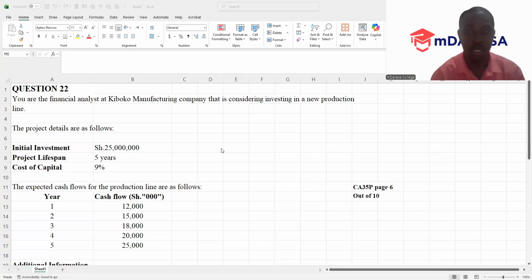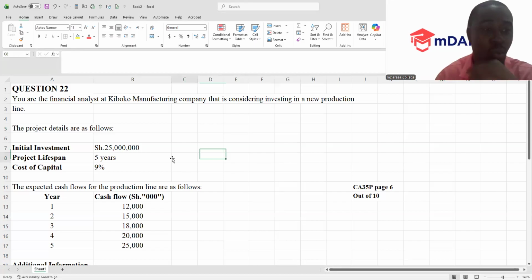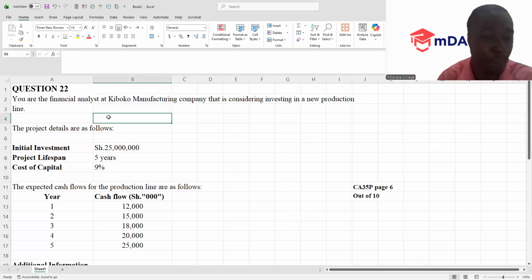Our focus today will take about 15 minutes of our time. We want to handle this question, which was attested back in August 2025, and the question is question number 2. So what are we told? You're told that you are the financial analyst at Kiboko Manufacturing Company, which is considering investing in a new production line.